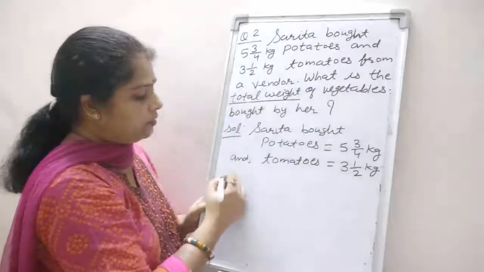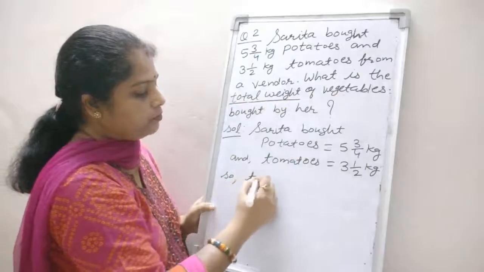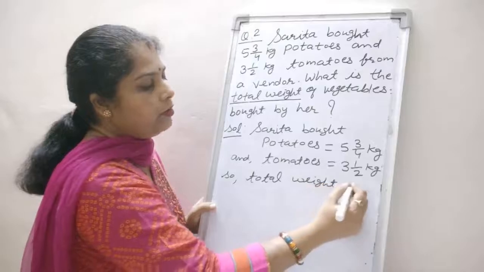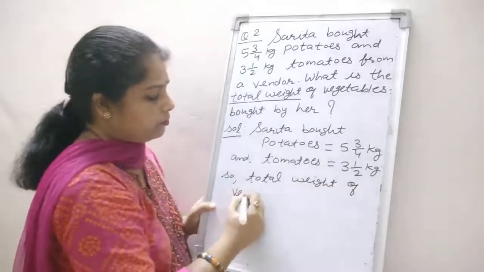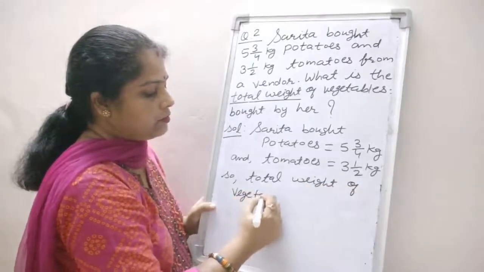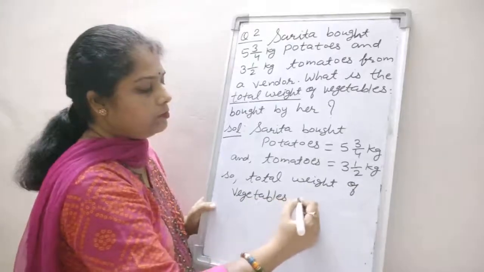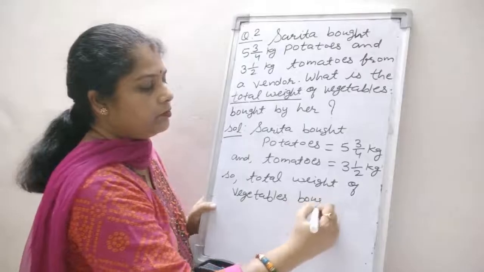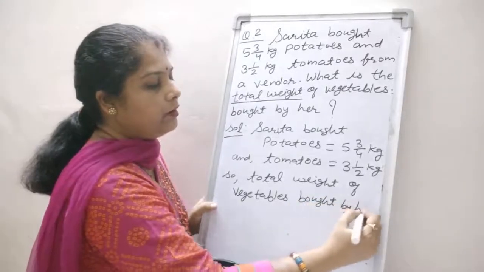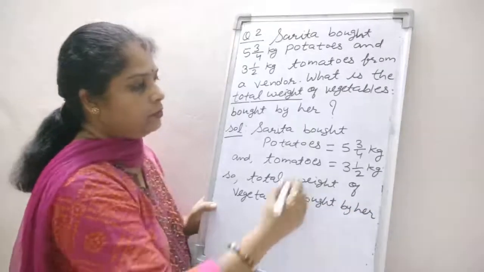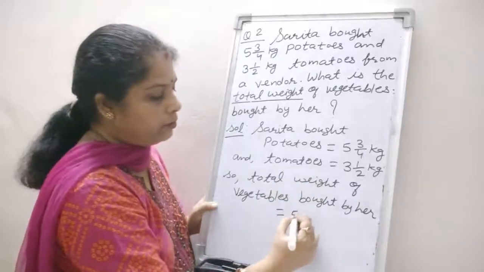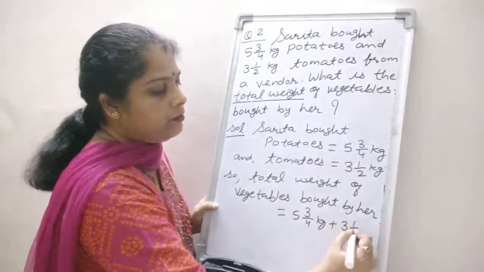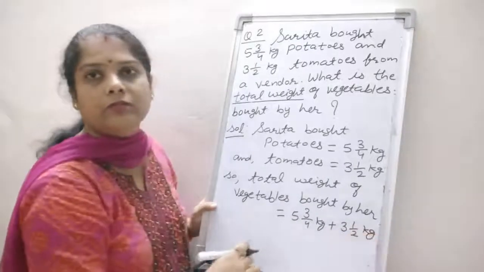So we will write here: total weight of vegetables bought by her equals to 5 3/4 kg plus 3 1/2 kg.